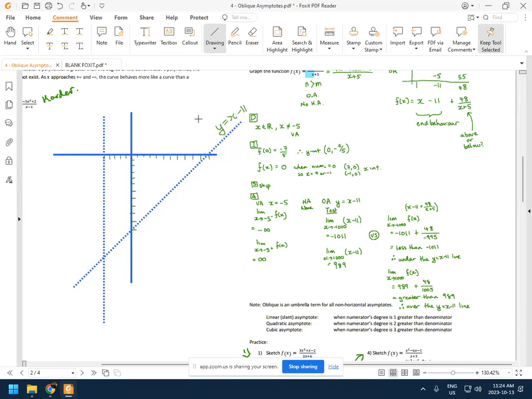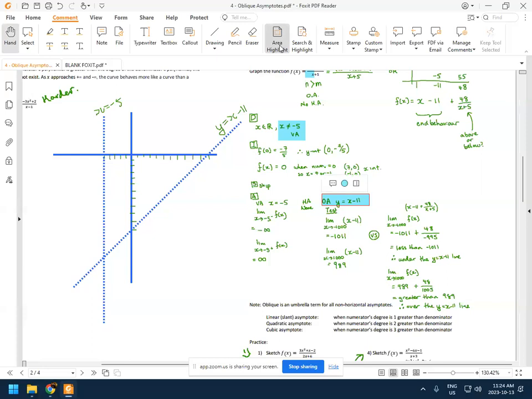And I just stick a line there. I don't do anything particularly special. And there is my vertical asymptote of x equals -5. So I have completed this oblique asymptote.